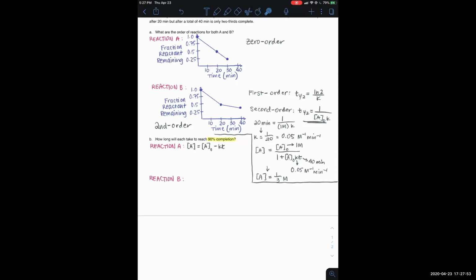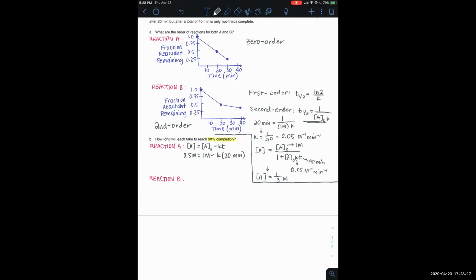So I misspoke. We're using one of these data points, so we can use this one. We know that in 20 minutes, the reaction goes from 1 to 0.5. So if we're starting with 1 molar, for example, we end up with 0.5 molar. So 0.5 equals 1 molar minus K times 20 minutes.